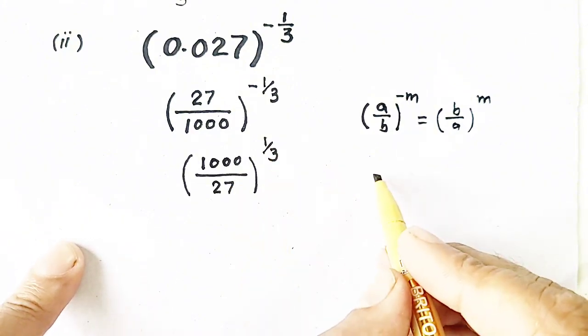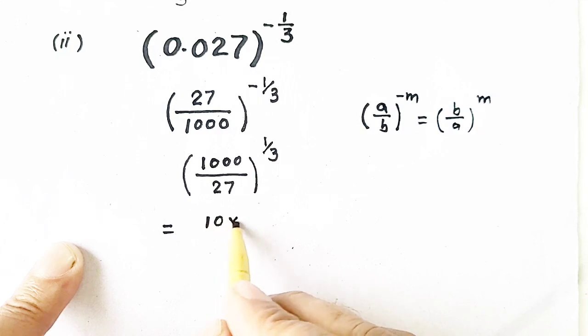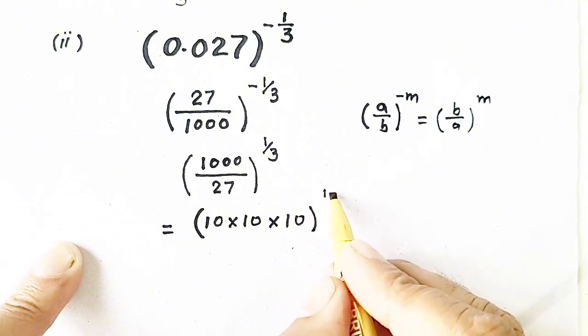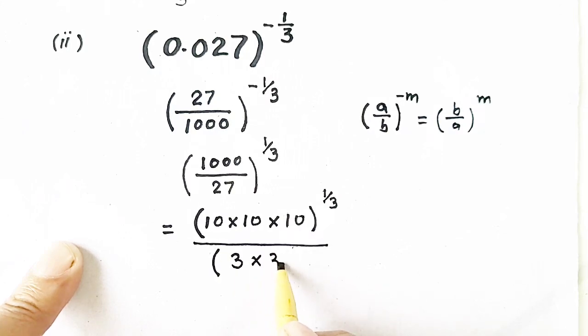Now we will make factors. 1000 can be written as 10 times 10 times 10, and its power is 1 by 3. Similarly, for 27, its factors are 3 times 3 times 3, and its power will also be 1 over 3.